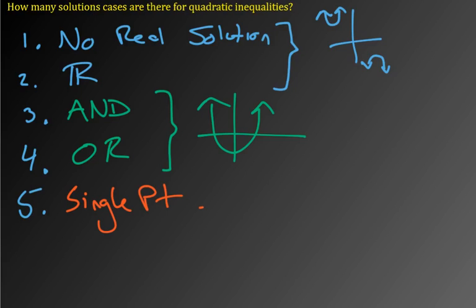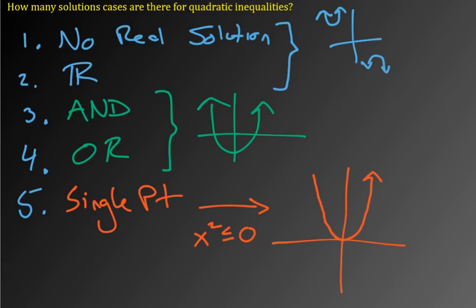I would recommend you pause and think about it. I'm going to show you right here, but the idea is like this. If you have a quadratic, say x squared less than or equal to 0, right? X squared looks something like that. It comes down and touches 0, right?